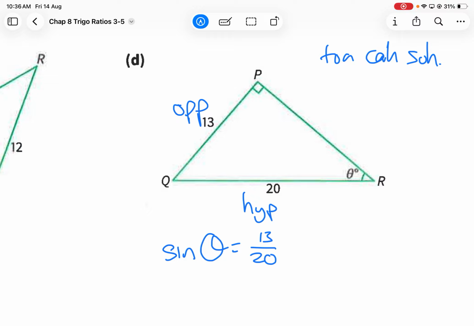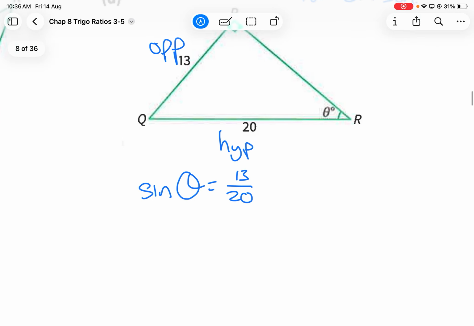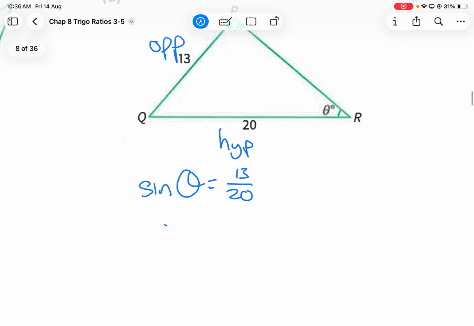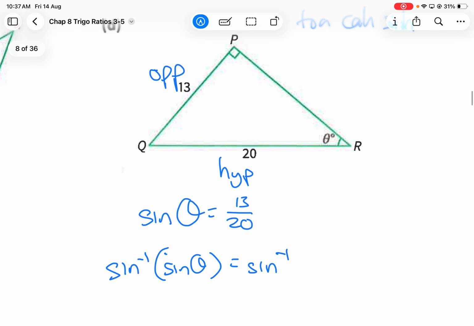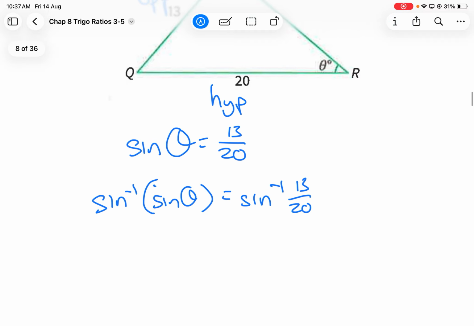When I'm able to form this equation, half the job is done. The next step is very simple. From this equation, I want the angle. I just remove the sine. How do I remove the sine? I sine inverse both sides. Anything I do to the equation, I do to both sides.